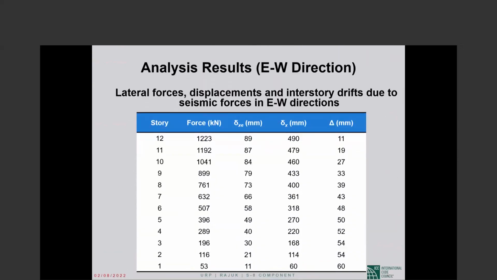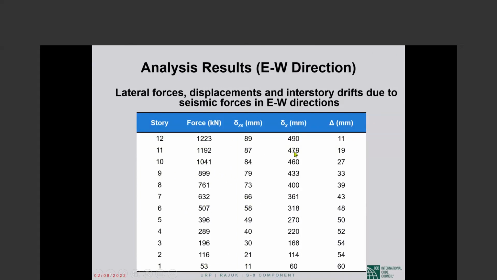Now we analyze that building that you saw in the east-west direction. That is the left to right direction. And these are the stories, the forces at the various floor levels, the delta sub XC values. These are directly from analysis.